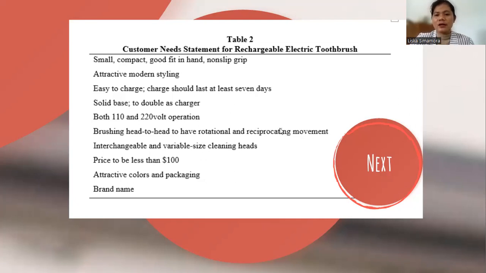That helps the customer have an easier experience cleaning their teeth, with interchangeable and variable size cleaning heads, and also comfortable, right? And a price of less than $100. Attractive colors and packaging. Some people are still amazed by the packaging and the brand name. In this example, they don't say the brand.